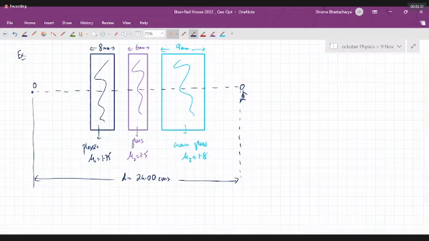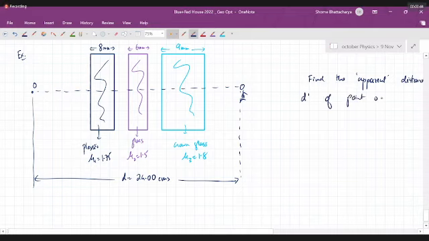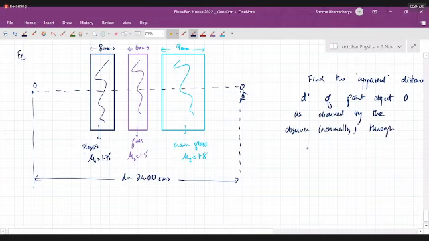So find the apparent distance d prime of the point object as observed by the observer normally, that is using the paraxial rays, but through the combination of the three slabs.